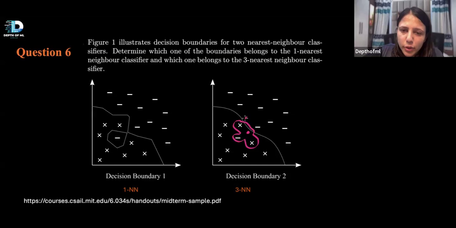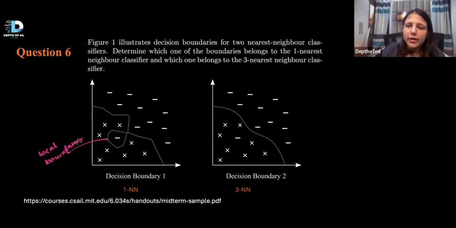Similarly, if you take any point over here, you will take 3 neighbors and see that it is being classified correctly in the negative set. Hence, you will be very certain that this is a 3 nearest neighbor boundary. If you are given a 1NN and a 3NN, just know that 1NN has very local structures like this. This is a very local boundary that you have.